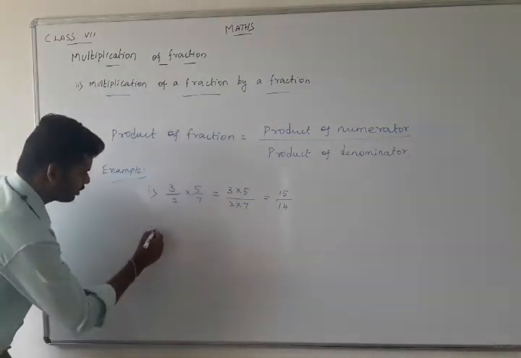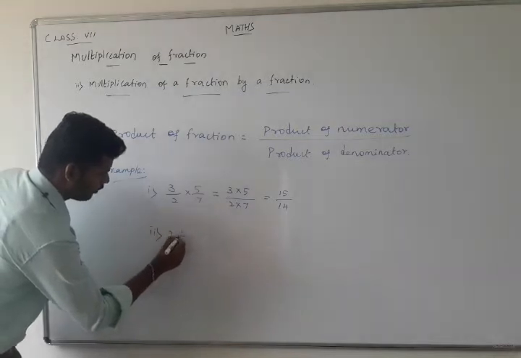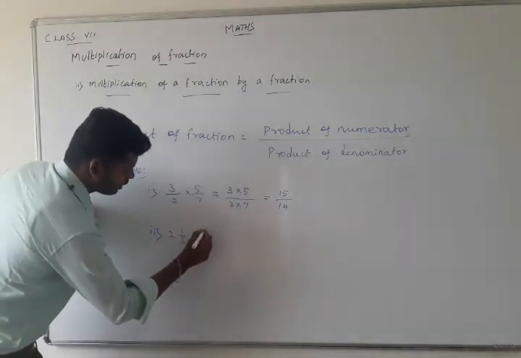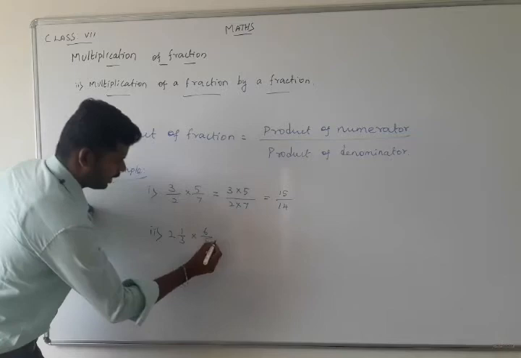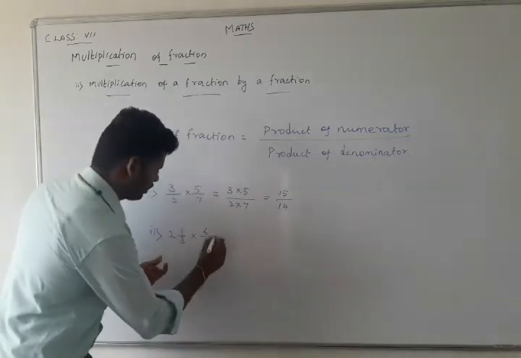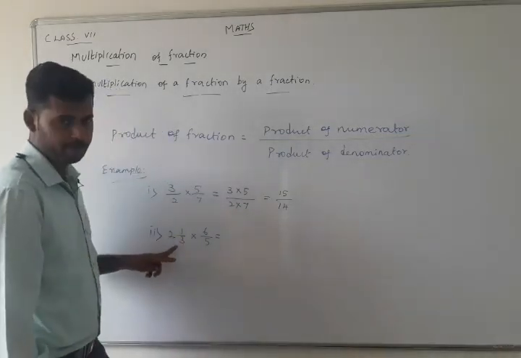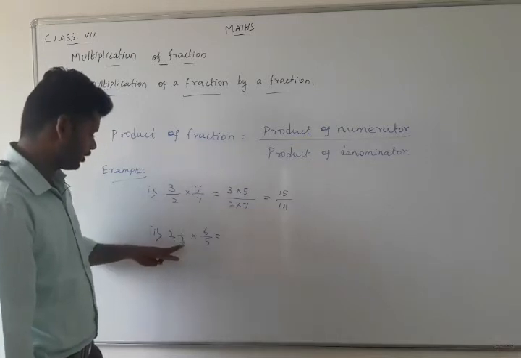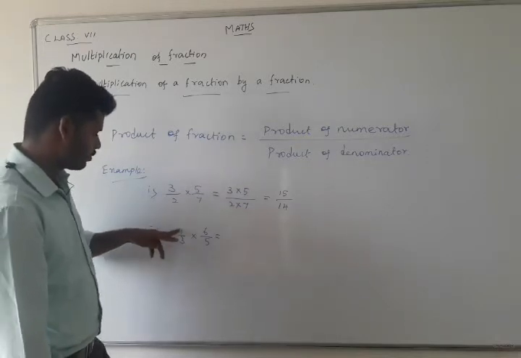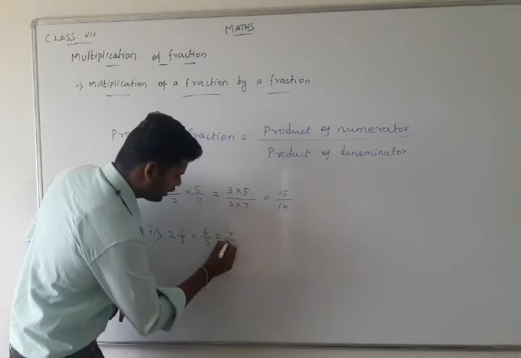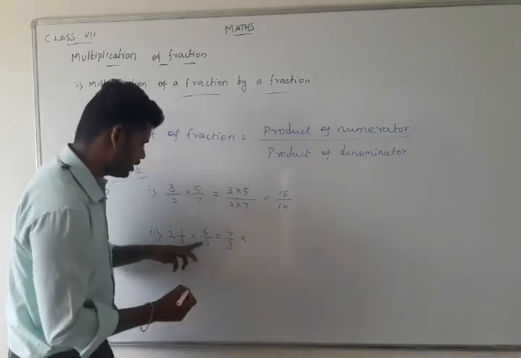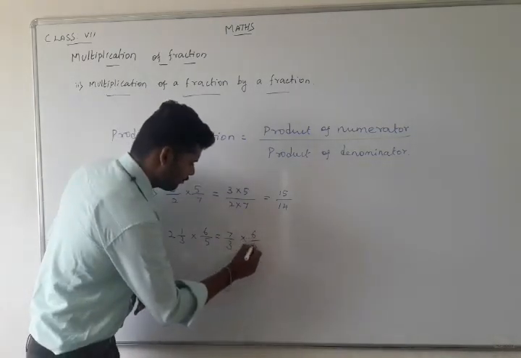Another example: 2 1 by 3 into 6 by 5. This one, a mixed fraction having, we change it to an improper fraction. 3 2s are 6. 6 plus 1, 7. So 7 by 3 multiply 6 by 5.